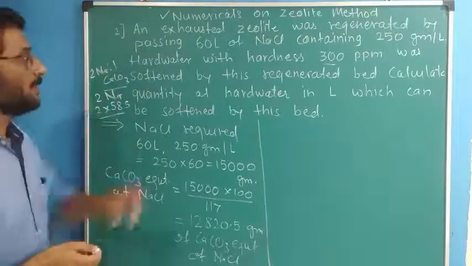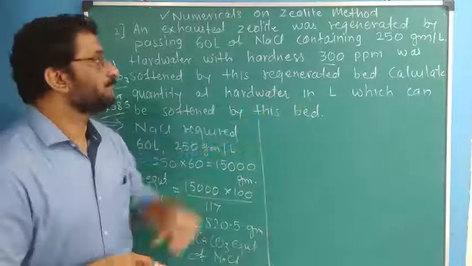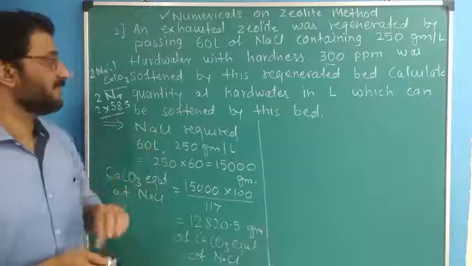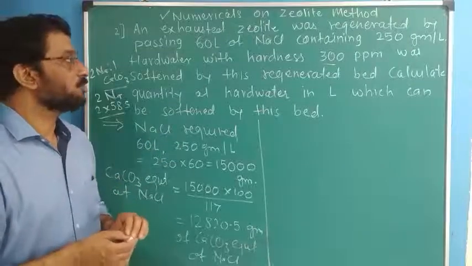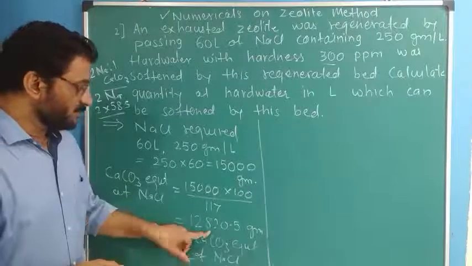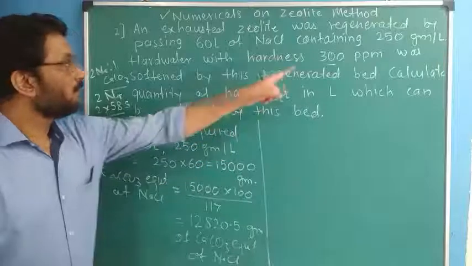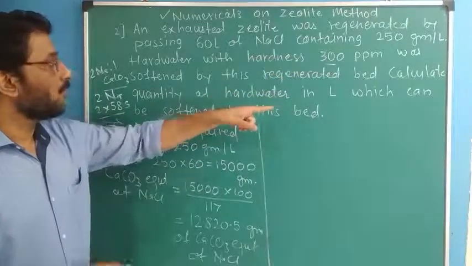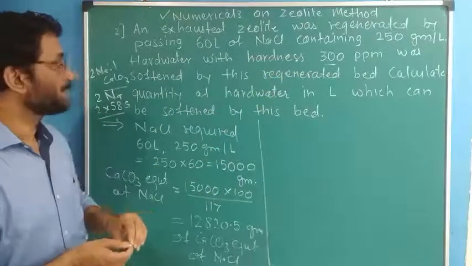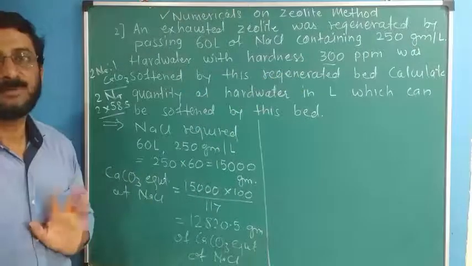Calculate the quantity of hard water in liters which can be softened by this bed. So this much NaCl is required in the form of CaCO3 equivalent, and how many liters of water whose hardness is 300 ppm can be softened by this bed.